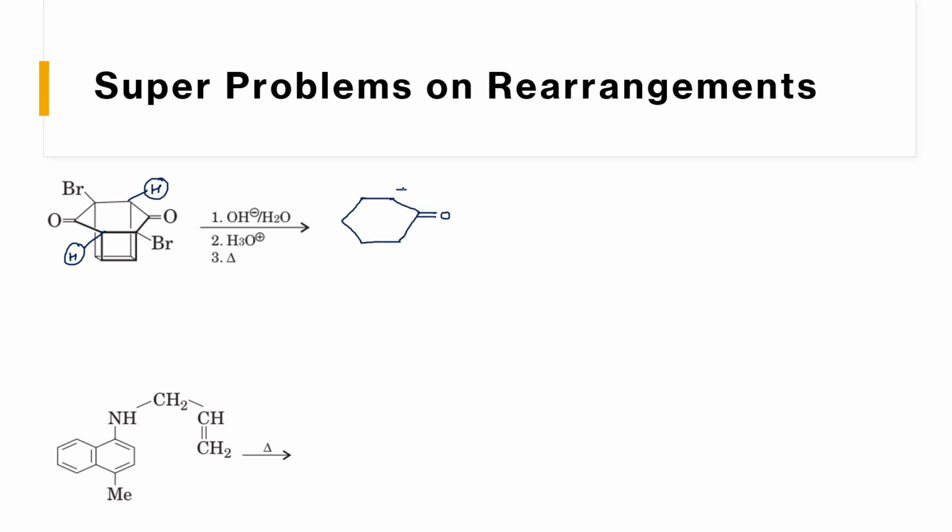Double bond O, there will be a negative charge, and there is a Br, and there is a Br. मान लेते हैं कि ये कुछ इस तरह से प्रेजेंट है.